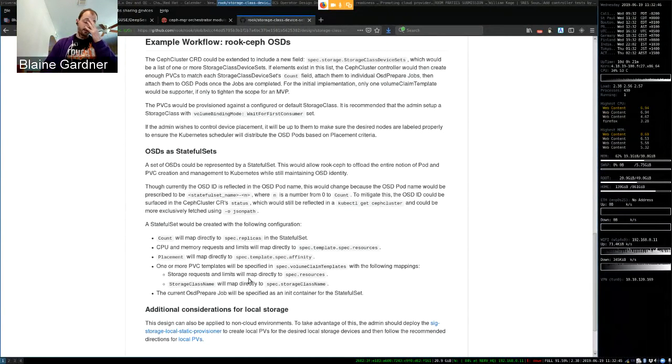And unless I'm mistaken, it's been a long time since I've read the docs, stateful sets are always sort of scaled up one at a time, which means that you would never have 2 pods trying to run init container like OSD preparation on the same disk at the same time. And so once one of them does it, it's still provisioned for all of the pods that come afterwards. If my recollection is true.